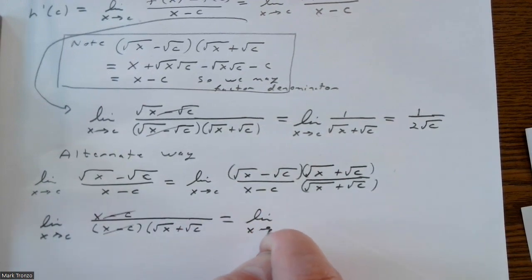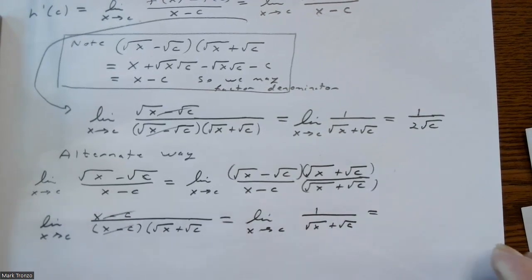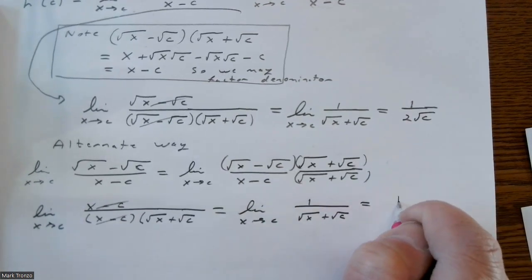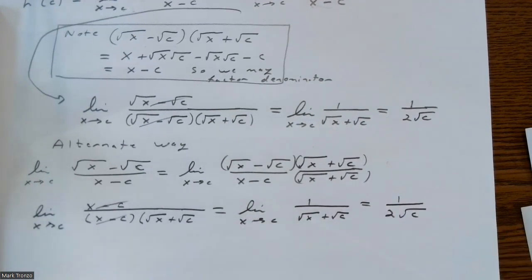Limit as x approaches c of 1 over square root of x plus square root of c, and put the values in, and this would be 1 over 2 square root of c. Yeah, I guess this was just as fast as the other way. Any questions on that?